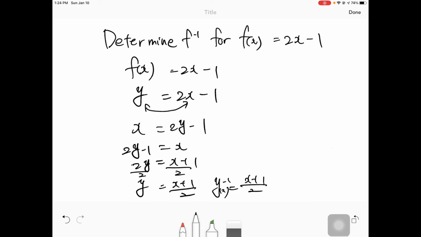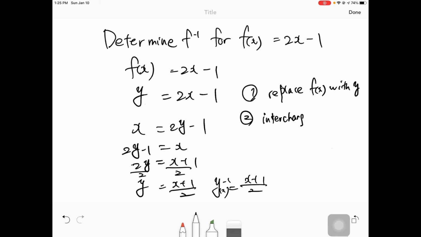So let me summarize. First, replace f of x with y. Next, interchange x and y.